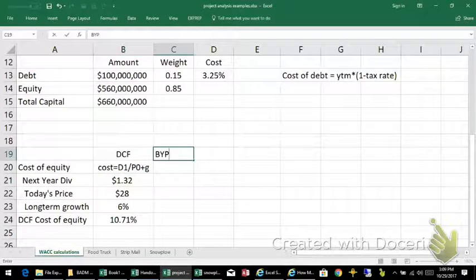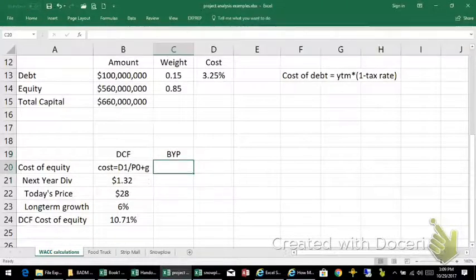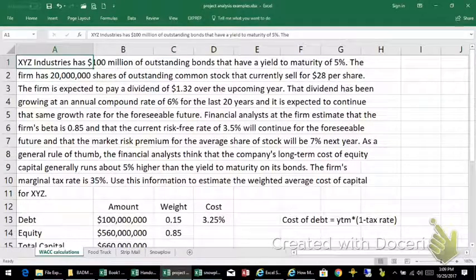The bond yield plus method simply takes the yield on outstanding bonds and then plus a fixed number. And I believe the analyst here said that the cost of equity capital runs about 5% higher than the yield to maturity on the bonds.